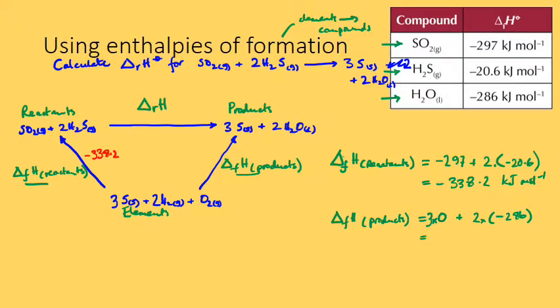So 2 times 286 is 572, so that comes out at minus 572 kilojoules per mole. Okay, so the same as we did before, let's write that on our thermocycle, so it's minus 572.